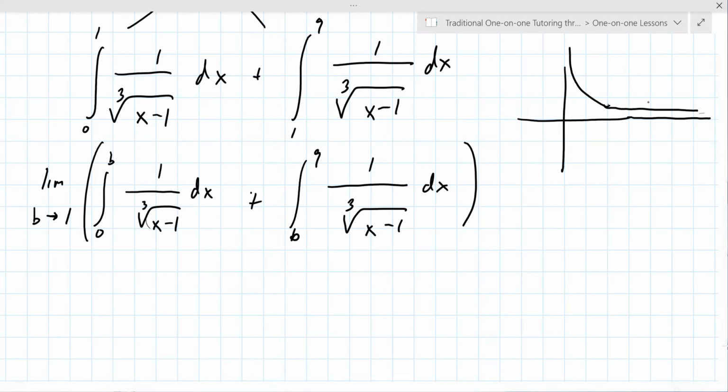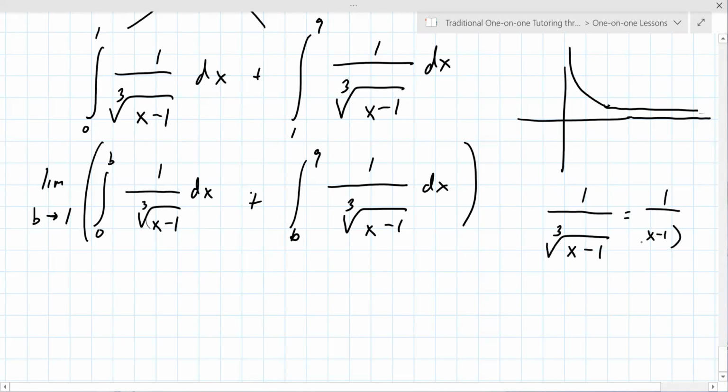So the antiderivative of this: if you rewrite the cube root of x minus 1, it is 1 over x minus 1 to the 1/3 power. Then if you bring up that 1/3 power, it becomes negative 1/3. This is just the power rule. You add 1 to the exponent and divide by the new exponent.